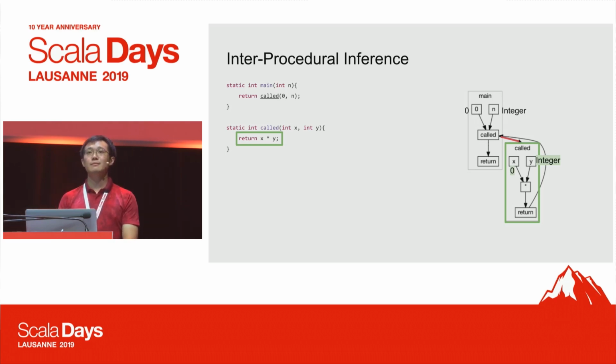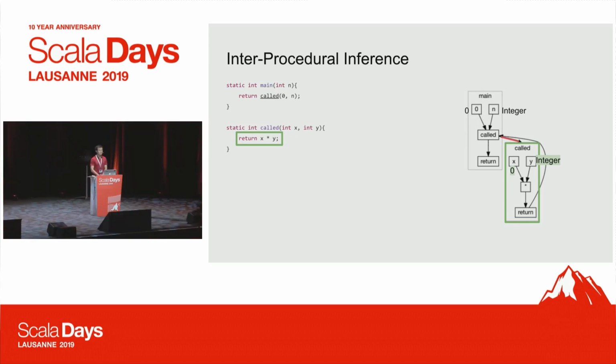One last thing, if I may. Another thing I'm thinking is that if you prefer the functional style in Scala and you like to pass around a lot of higher order functions, those end up being implemented as polymorphic calls.